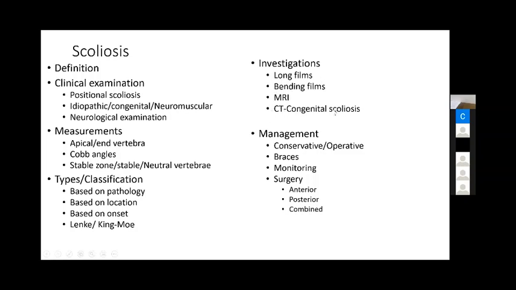CT scan, especially in congenital scoliosis, you look for any hemivertebra and any abnormalities in the vertebral bodies, and sometimes you have fused ribs as well. So we get a CT scan for congenital scoliosis. We discussed management. An important one is the role of braces and how you monitor them. Those are the things which might be asked.